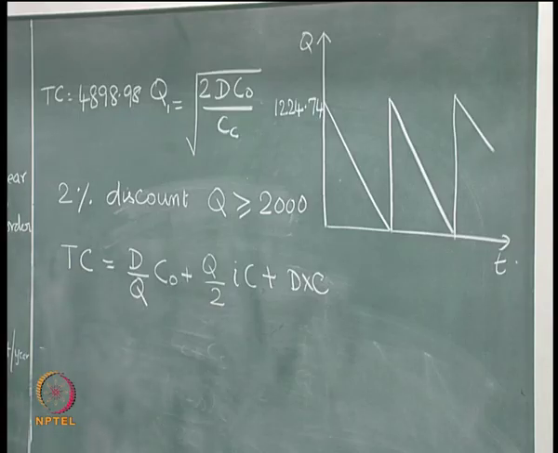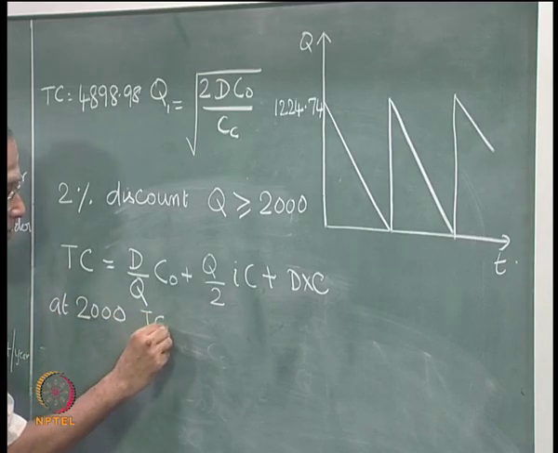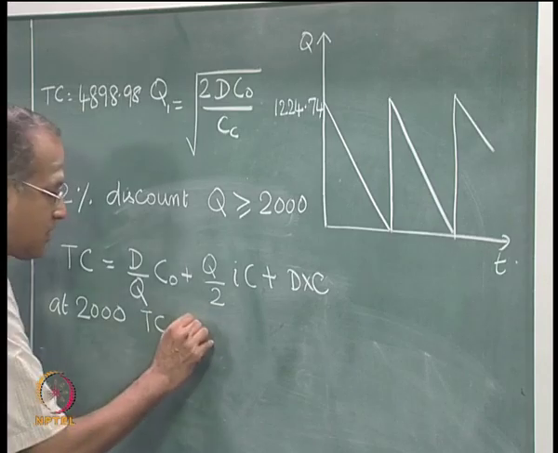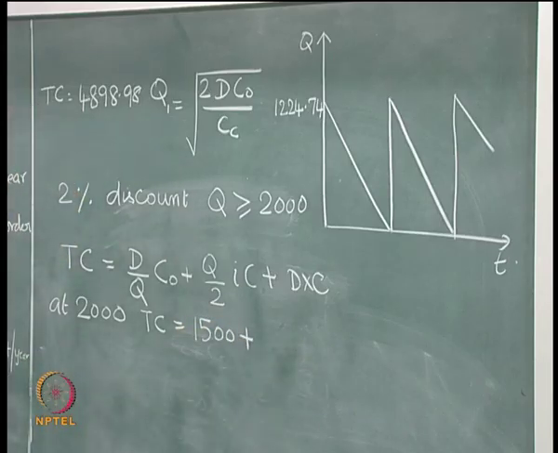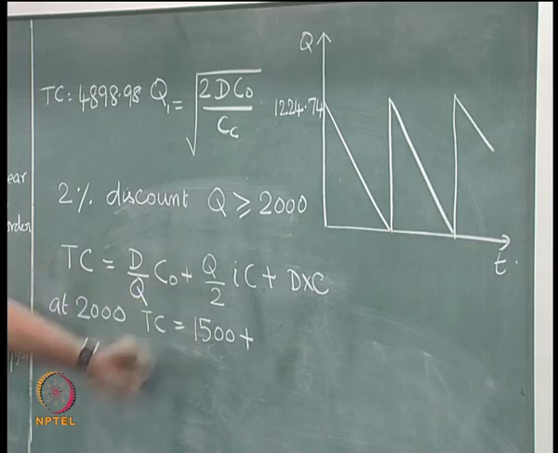So, at 2000, TC is equal to, now D by Q is 10,000 divided by 2000, which is 5, and 5 into C naught is 1500, plus Q by 2, which is 1000.